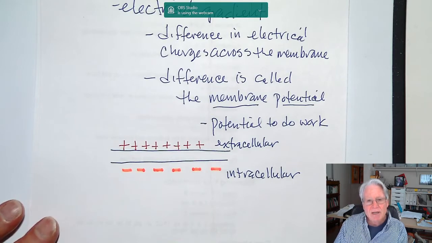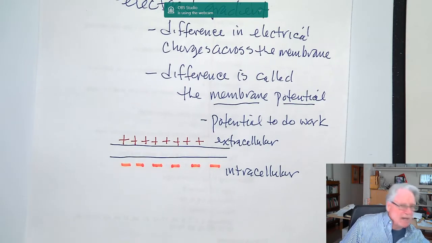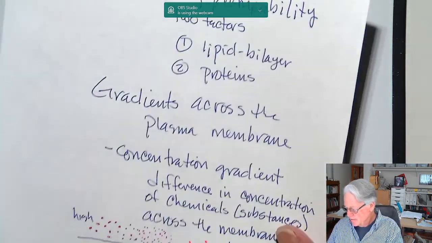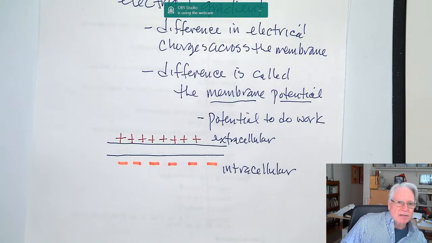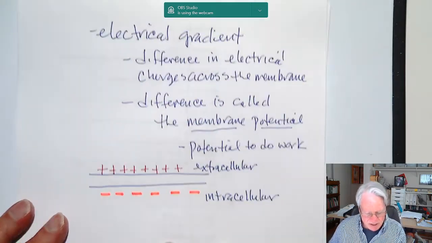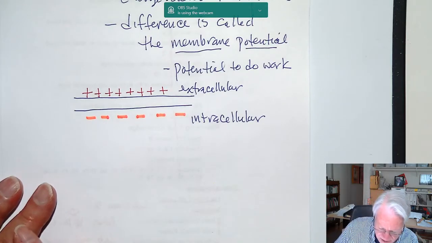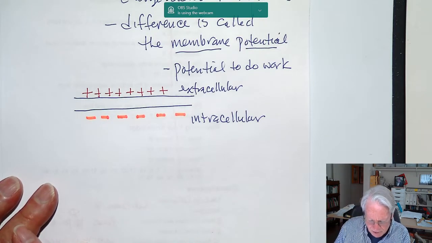All right. And what we do is we combine these two concepts. We combine the concept of a concentration gradient with the concept of an electrical gradient. And what we come up with is an electrochemical gradient.